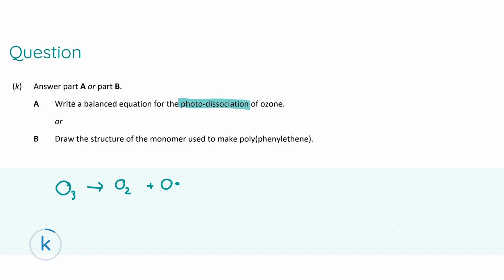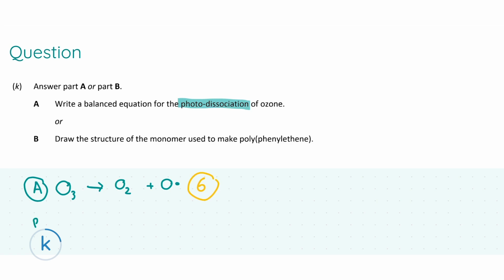This free radical may recombine with the molecular oxygen to regenerate ozone, completing the ozone cycle. You don't need to say that. That's just an extra piece of information. All you need is this balanced equation and you're going to get your 6 marks. So that's for question A.